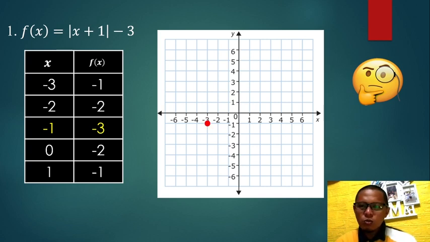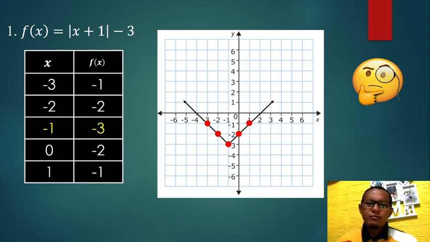Negative 2 and negative 2 still in the third quadrant. Negative 1 and negative 3 still on the third quadrant. 0 and negative 2 lies on the y-axis, and positive 1 and negative 1 found in the fourth quadrant. So let's connect the dots. So that is the graph of f of x is equal to the absolute value of x plus 1 minus 3.